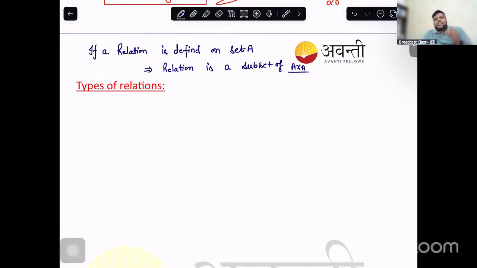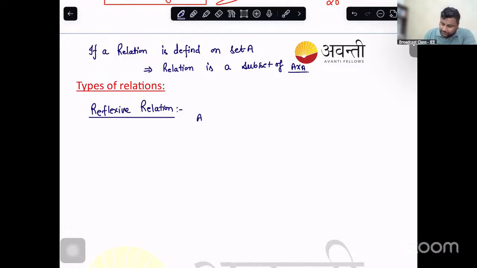Now, if a relation is defined on set A, we classify the relations into three categories. The relation can be a reflexive relation. So, what is a reflexive relation?